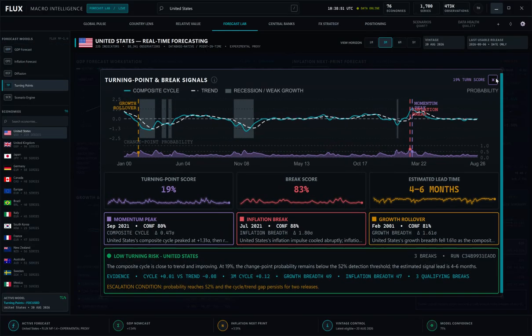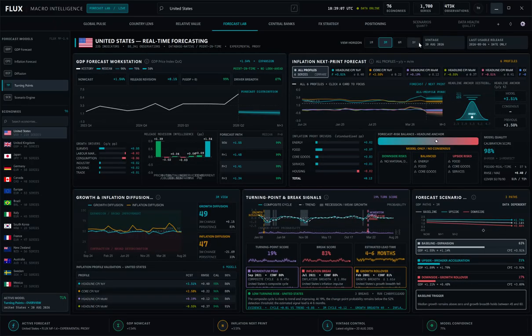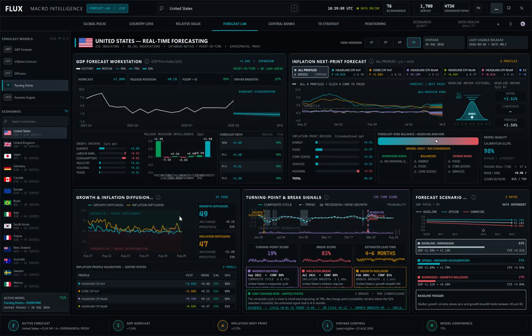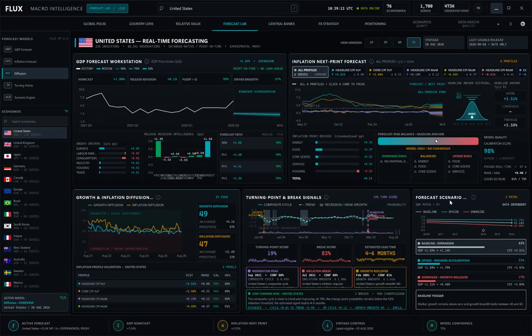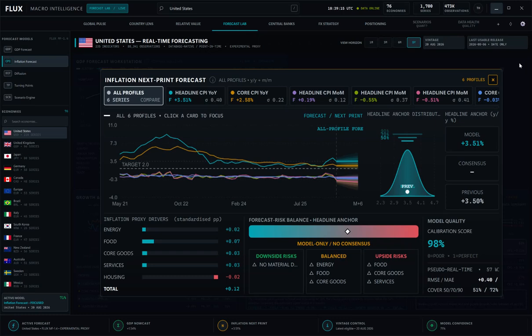But Flux made it easier, and it's all included within Flux, and it tells you what are the peaks, what are the downs, what are the drivers, what drove the price, the economic cycles, and what are the reasons. So this is what the forecast tab looks like. I will explain all of these, how to use them, and what to look for in here.